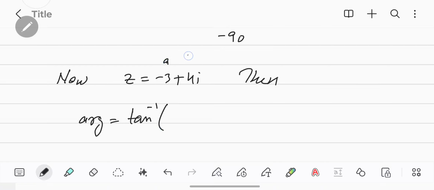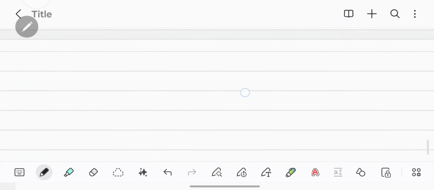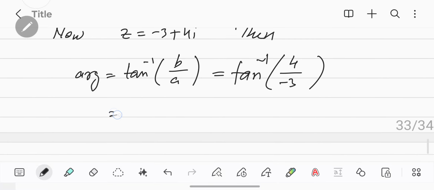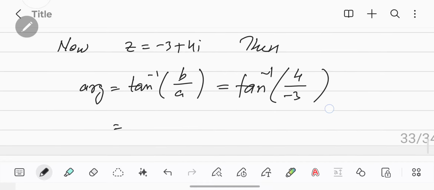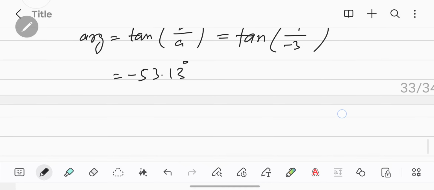You know, this is my a, this is my b. So I'll write b by a. Since my b is 4, so tangent inverse of 4 by negative 3. If I do the calculation from the calculator, I will again get 53 point, I don't know, 13 or 36. Yeah, it's 13. But this angle is negative.